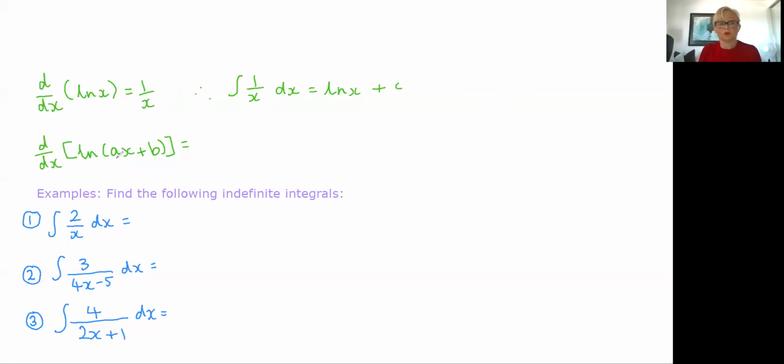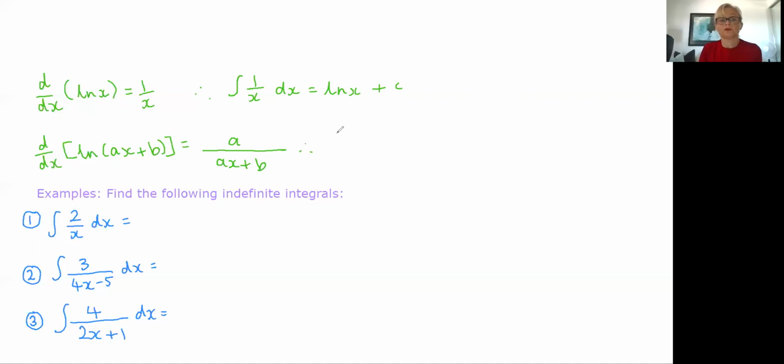Using our chain rule for differentiation, if we're differentiating 1 over ax plus b, we would multiply by the a, because that's the derivative of that inner function, which is just a linear function.